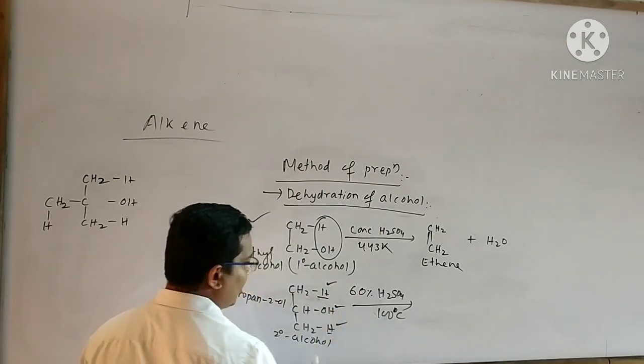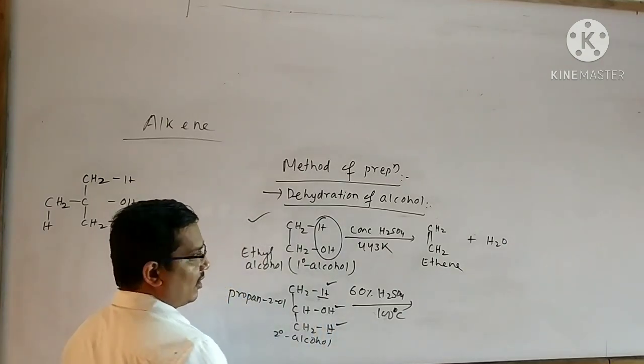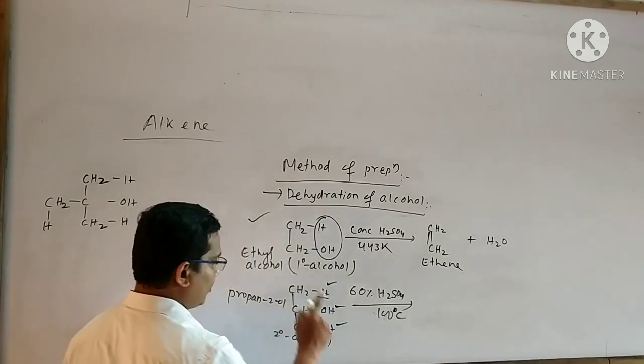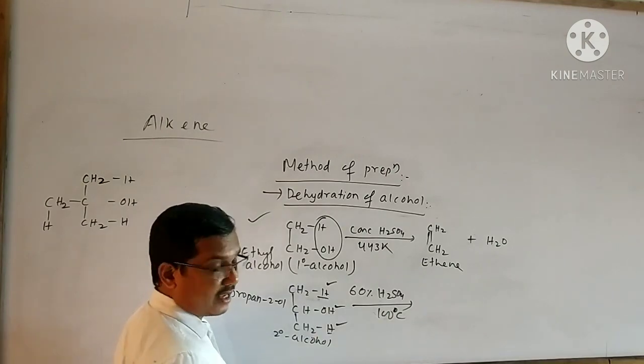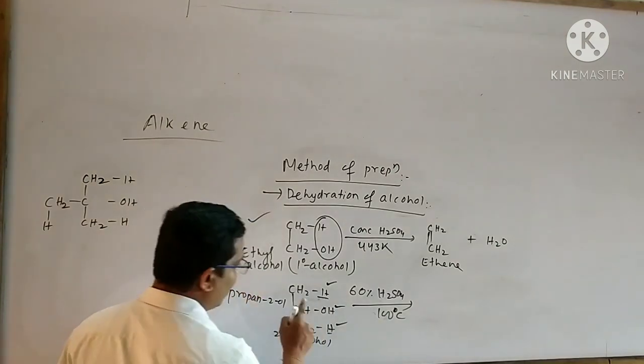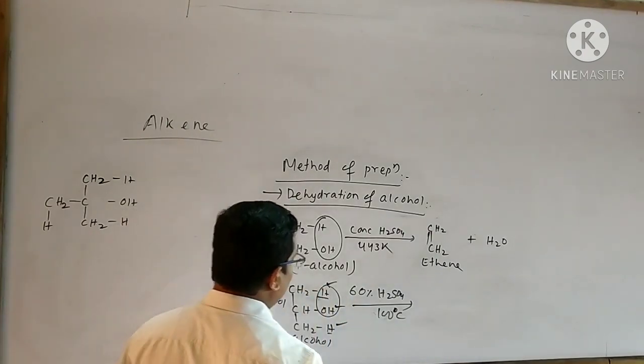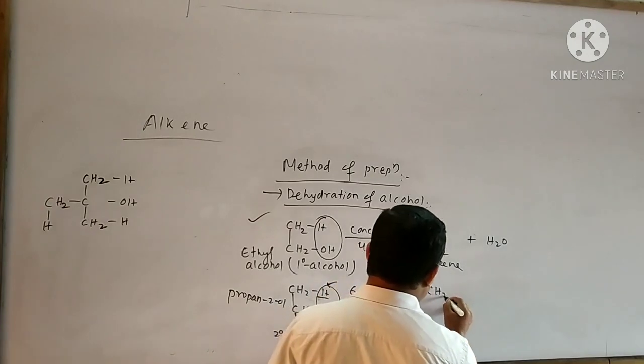Suppose I want to take this hydrogen and this OH, then it is bound to put a double bond here. If I take this hydrogen and this OH, then it is bound to put a double bond here. Suppose I want to remove this hydrogen and this OH, then what will happen? Look at that.